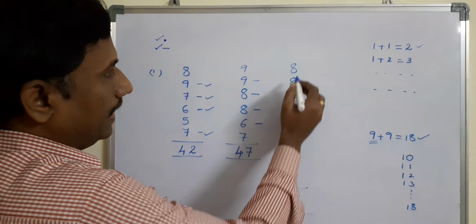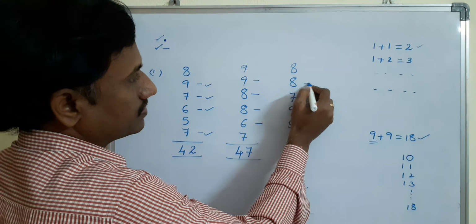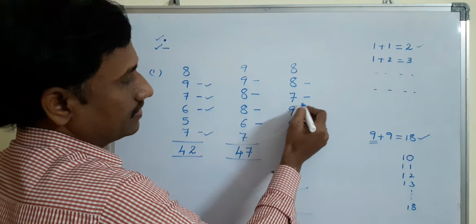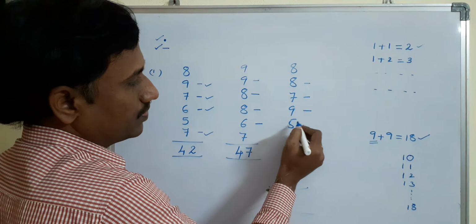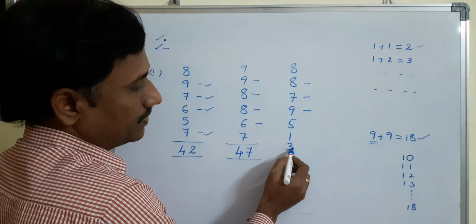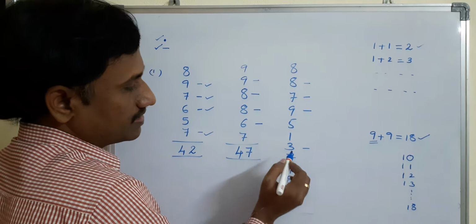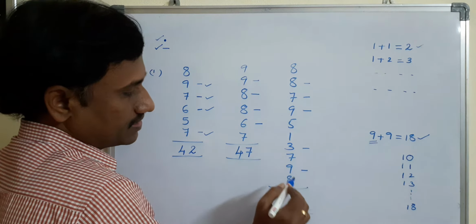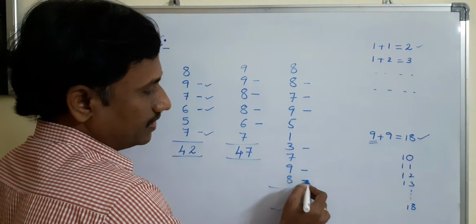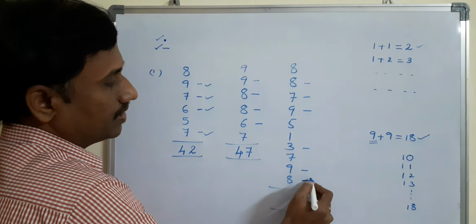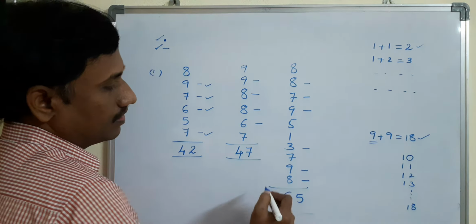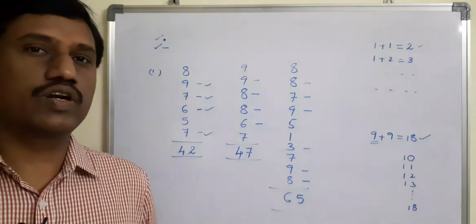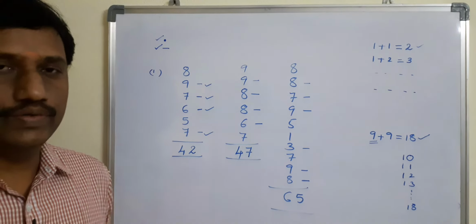How to proceed? 8 plus 8, 16. 16 means only 6 we have to remember. 6 plus 7, 13 means 3. 3 plus 9, 12. 12 means 2. 2 plus 5, 7. 7 plus 1, 8. 8 plus 3, 11 means 1. 1 plus 7, 8. 8 plus 9, 17 means bar and 7. 7 plus 8, 15. 15 means again bar, 5. How many bars? 3. Then 3 plus 3, 6. This fast you can do addition if you use this dot method or bar method.